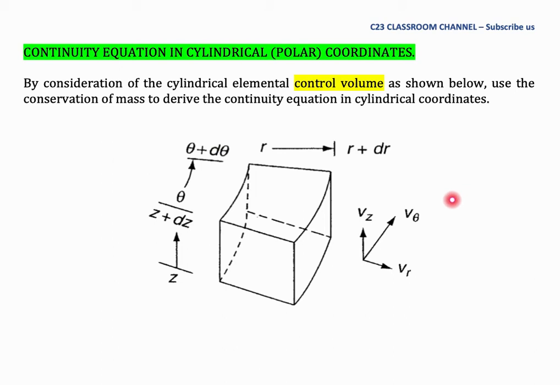For polar coordinates, we have three coordinates: the radial axis, which is parallel with the radial direction here, the Vz, the thickness of the cylindrical or polar coordinates, and theta, the opening of the angle here.